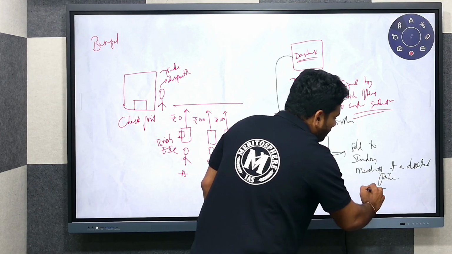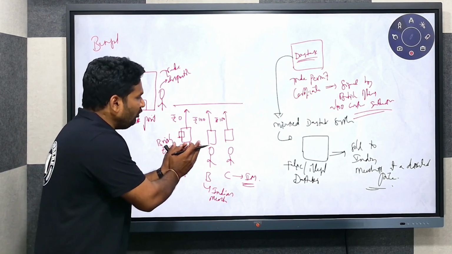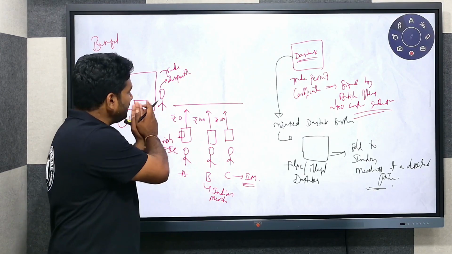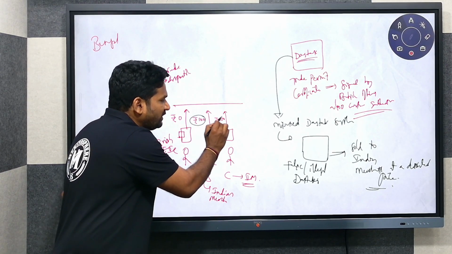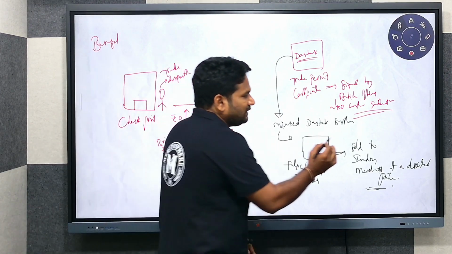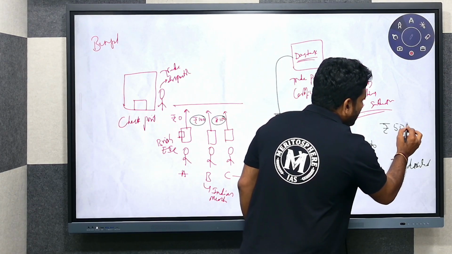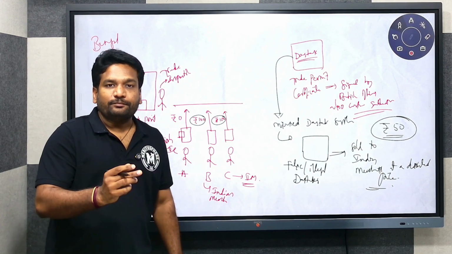Got my point? For example, here person B and person C are Indian merchants. If they want to get passed through this trading post or check post, they have to pay rupees 100 and rupees 100. So they discounted this rupees 100, for example, to rupees 50. For rupees 50, they will issue a fake or illegal dastak.